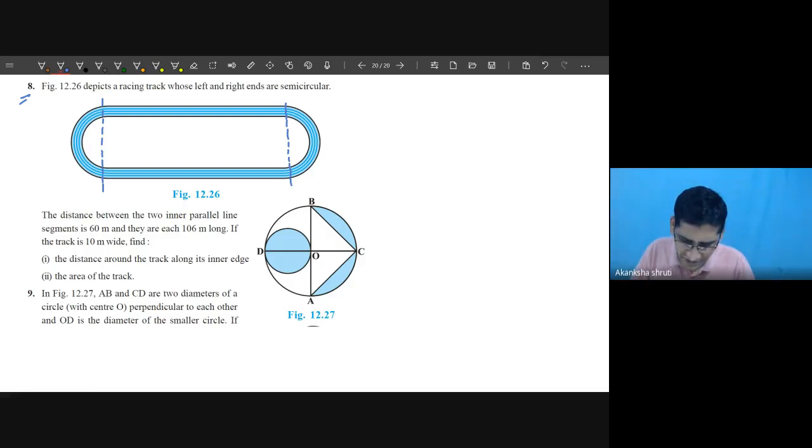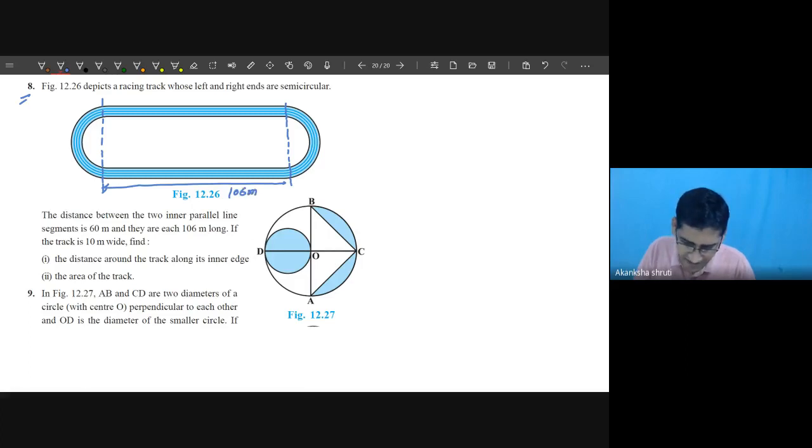The distance between two inner parallel line segments is 60 meter. What does it mean? And they are each 106 meter long. So this much is your 106 meter length.